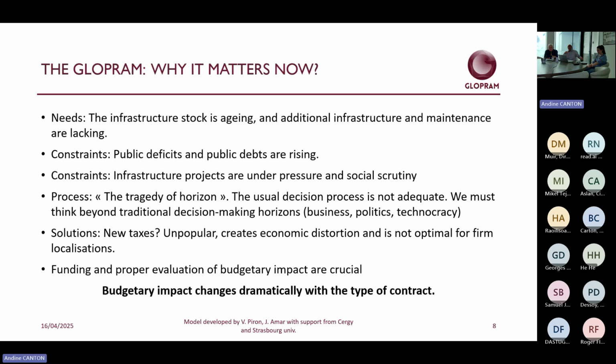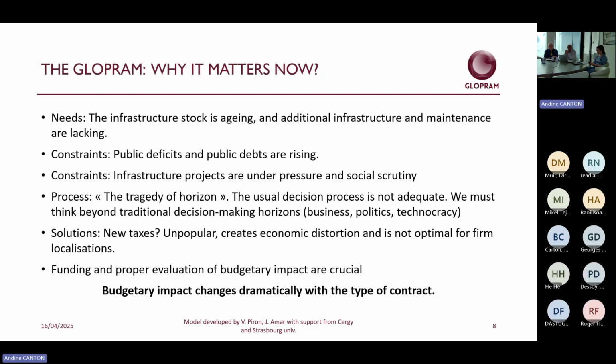For politics, it varies from 2 weeks to 20 years. For technocracy, it can be considered that after 5, 6 years, the people and the policy have changed. All this is too short for properly taking decisions, taking into account the fact that the benefits are spread over many, many years.